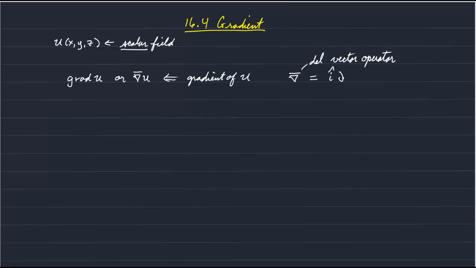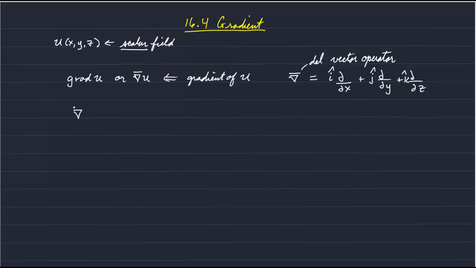So the derivative with respect to x is associated with the i hat direction. The derivative with respect to y is directed in the j hat direction, and then the derivative with respect to z is directed in the k hat direction for this del operator.